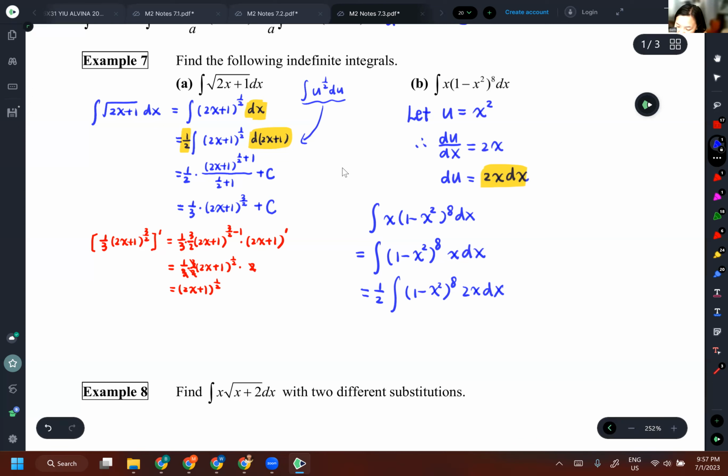The first thing I do is 1 over 2, (1 minus u) to the power 8, because u equal x squared, that's an easy substitution because that's just normal. I've done it before. But the new substitution is 2x dx equal du. This part is du. You see?